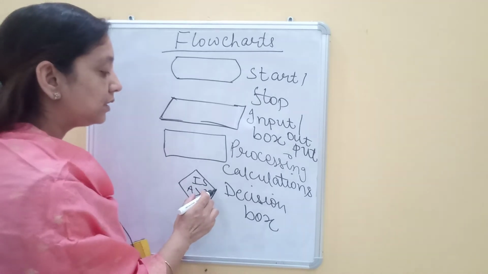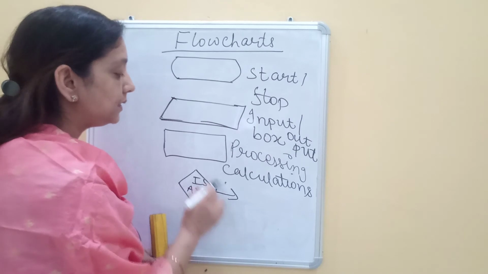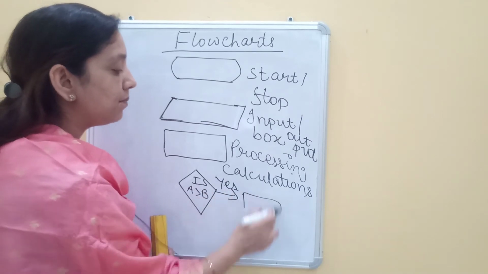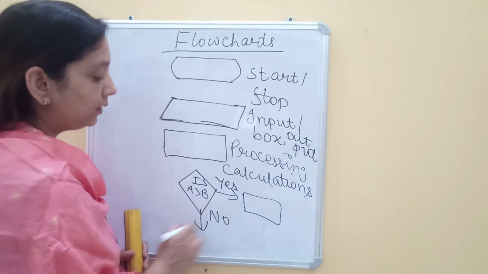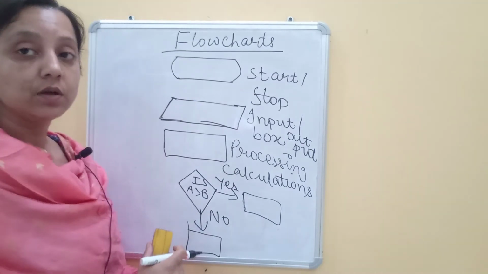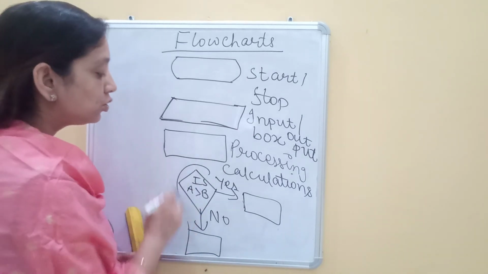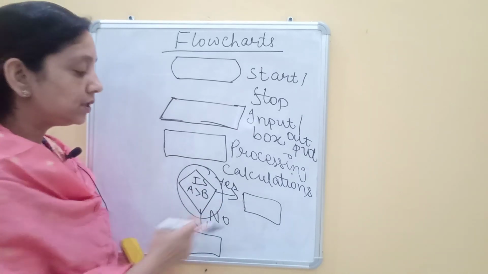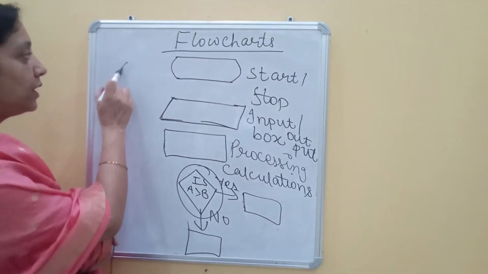If A is greater than B, if it is a yes, then you will take some action accordingly, and if it is a no, then also you will take some action accordingly. So there are certain steps in which decisions are required, and decision making in a flowchart is done using this particular box. Then we have connectors.